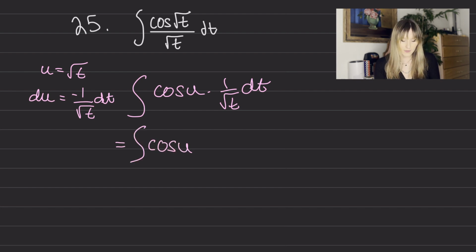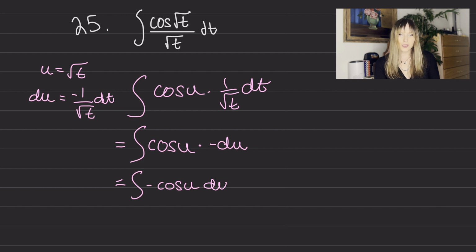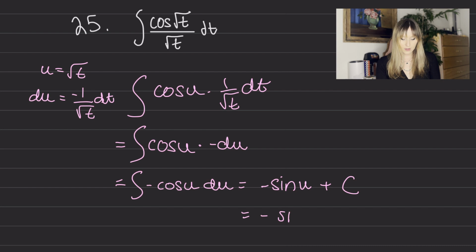We've gone over this, but I'm sorry. I try. So we get minus du. So the integral of negative cosine of u du is negative sine of u plus c. Plugging in that u, as we always do, we get minus sine of root t plus c.